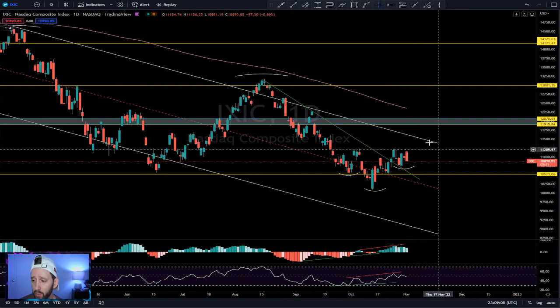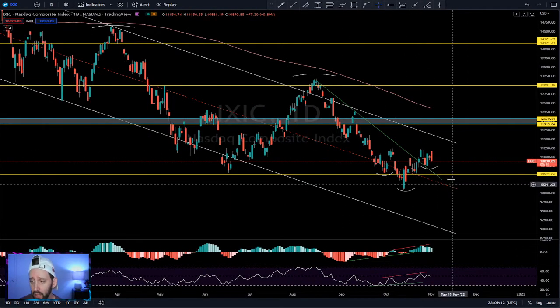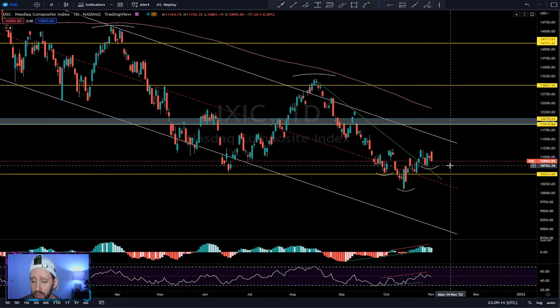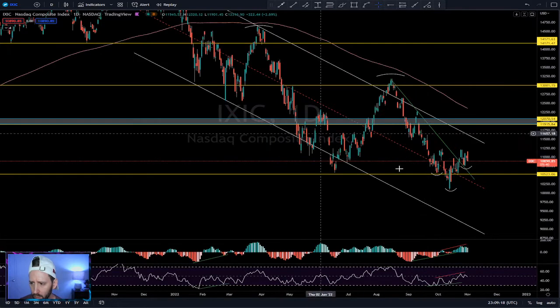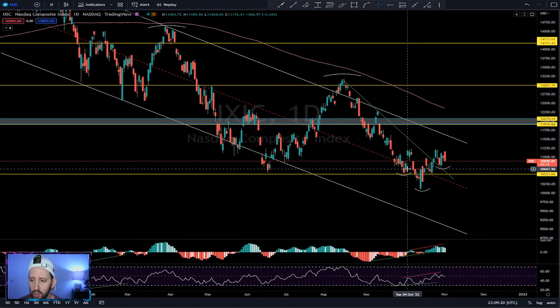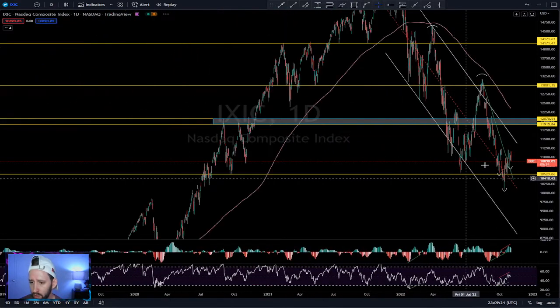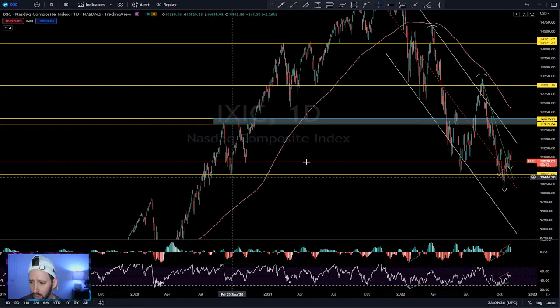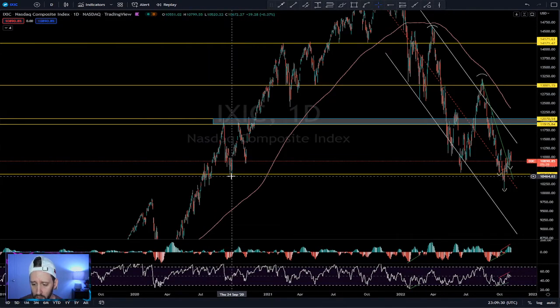You want to see price get back above these levels in order to continue some bullish momentum. As it stands right now, you have not invalidated this bullish engulfing candle from Friday, and you are at the bottom of a range, potentially creating this momentum-shifting structure of an inverse head and shoulders at a serious inflection point where it's been resistance and support all the way back from July 2020 and September 2020.